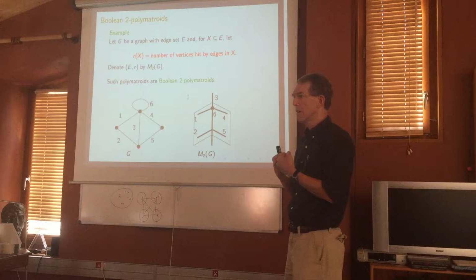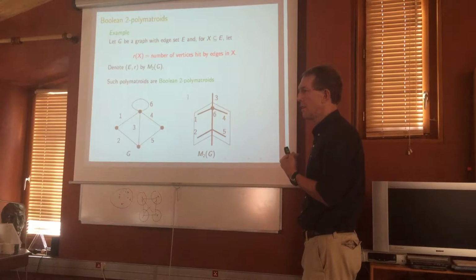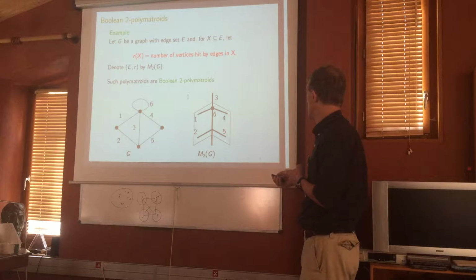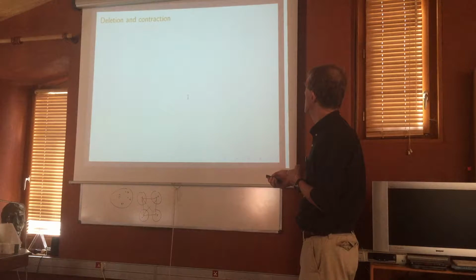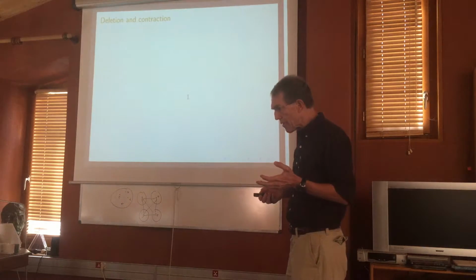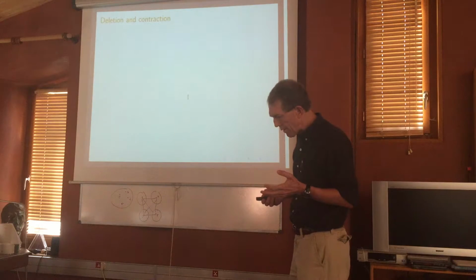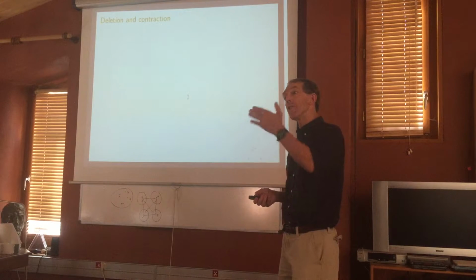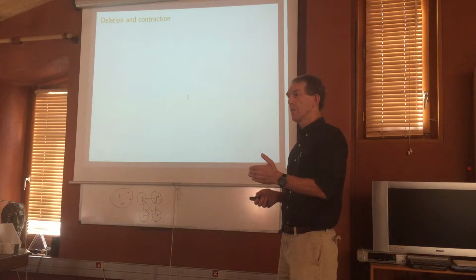You can always make this picture by taking this thing as a subset of the syntax. Right. Okay, how do you do deletion and contraction? Well, you know how to do deletion and contraction for matroids defined by the rank function.